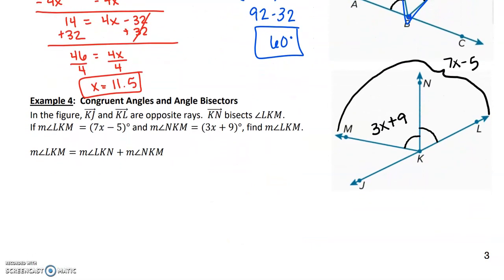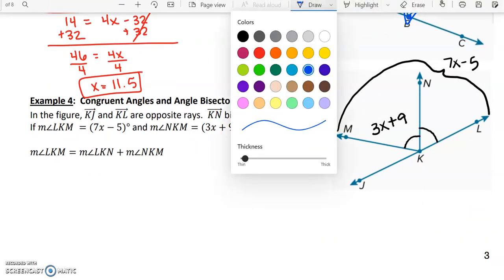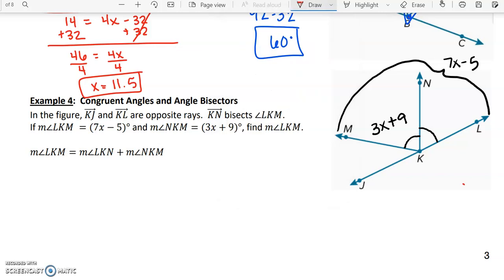Last one. Again, we have opposite rays, so it's forming a straight line, so 180 degrees for all three of those angles together, but we really don't need that one at this time. KN is bisecting this angle LKM, so that again means tick marks here and here.